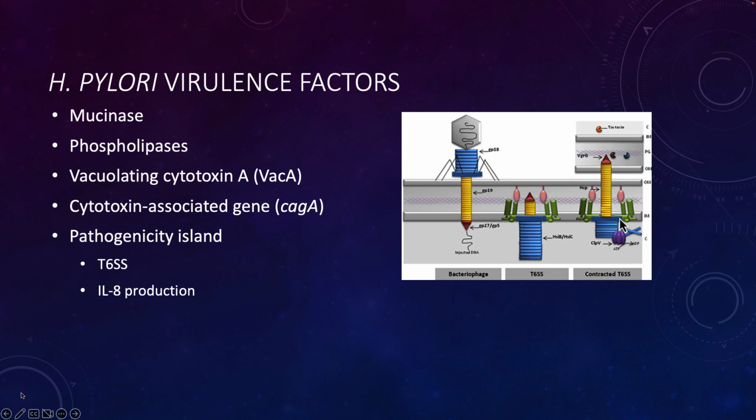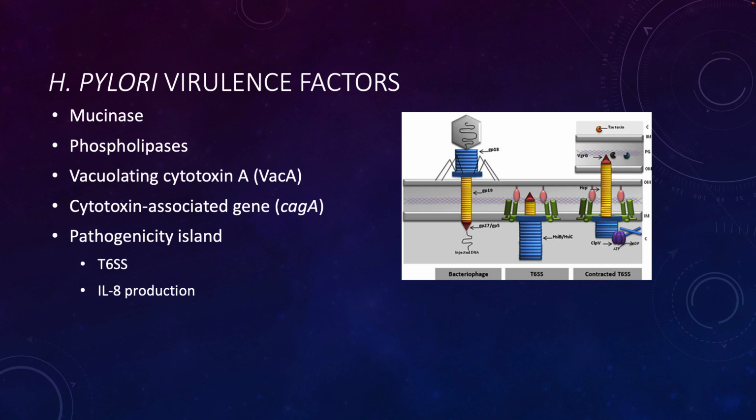And the structure of the type 6 secretion system looks a lot like a bacteriophage. So the evolutionary thought process is that bacteria that have a type 6 secretion system co-opted bacteriophage genes to make their own nasty little device.